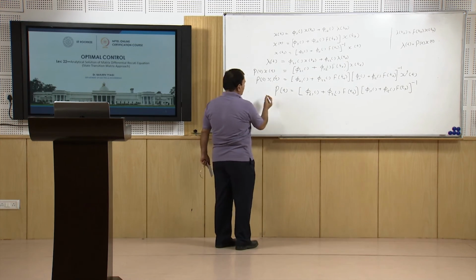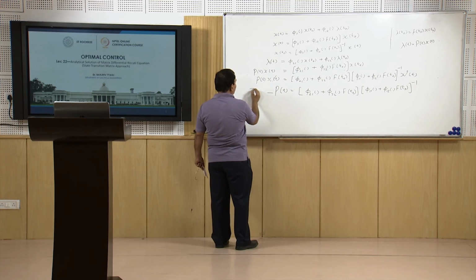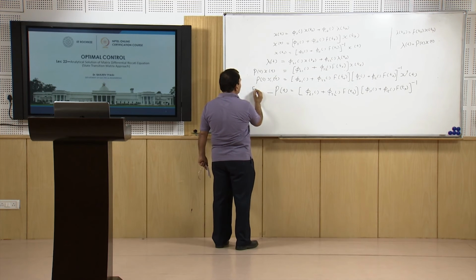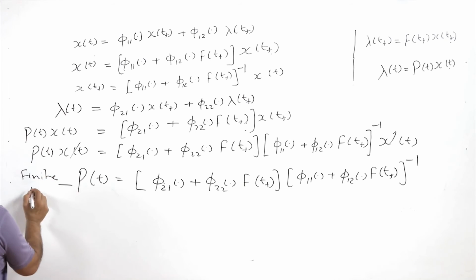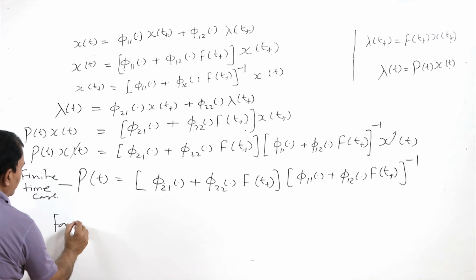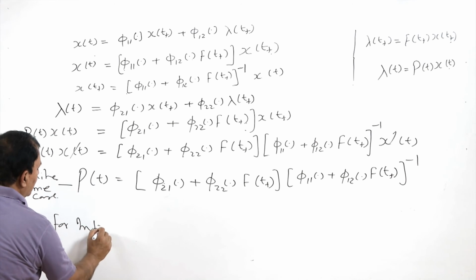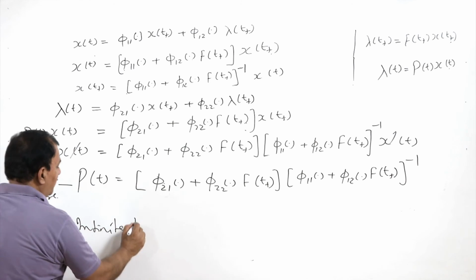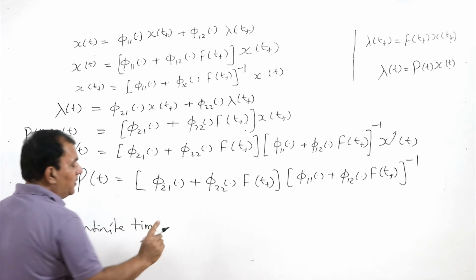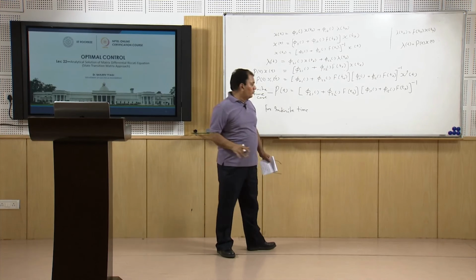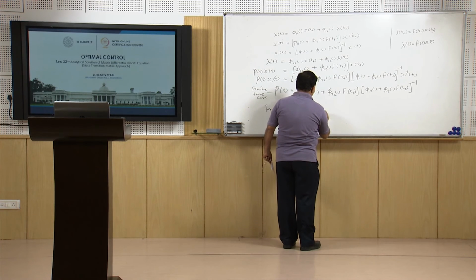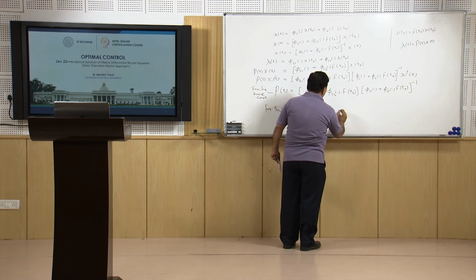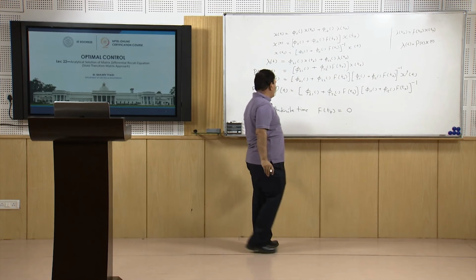This is for the time varying case, or we can say this is for the finite time case. For the infinite time case, basically my terminal cost will become 0. So F(t_f) will be 0.